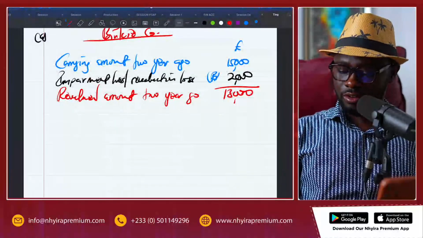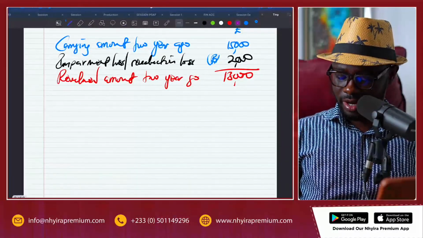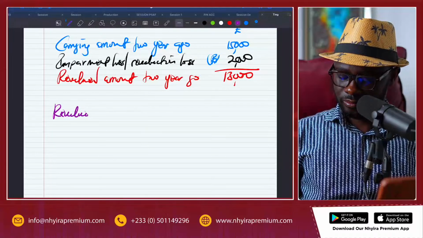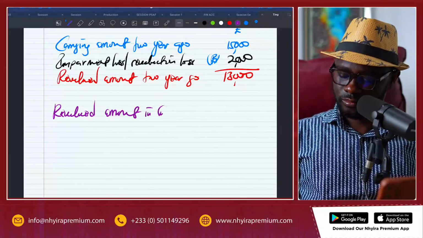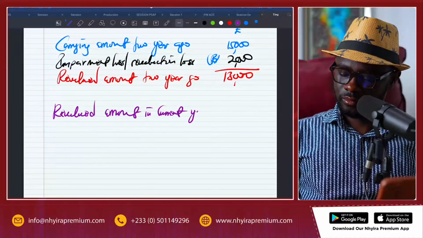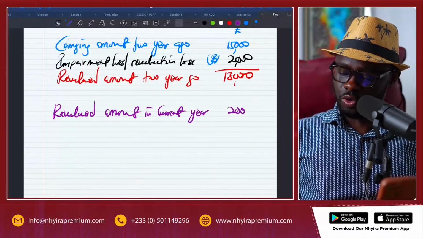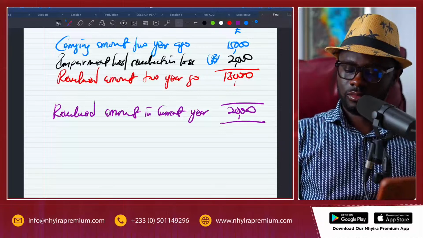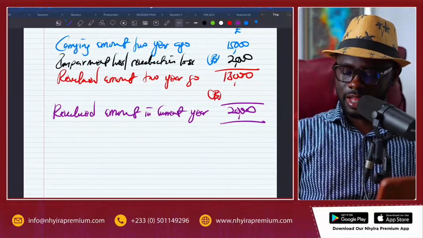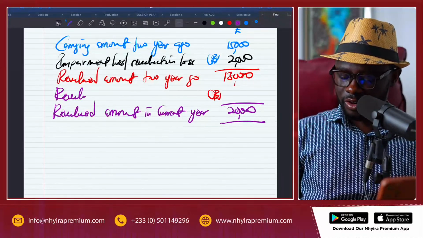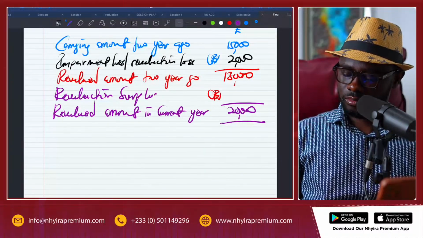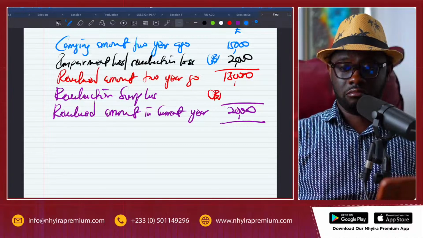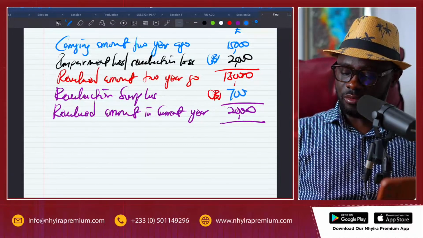So the revalued amount currently is £20,000, and the balancing figure means that we'll have a revaluation surplus here of £7,000.